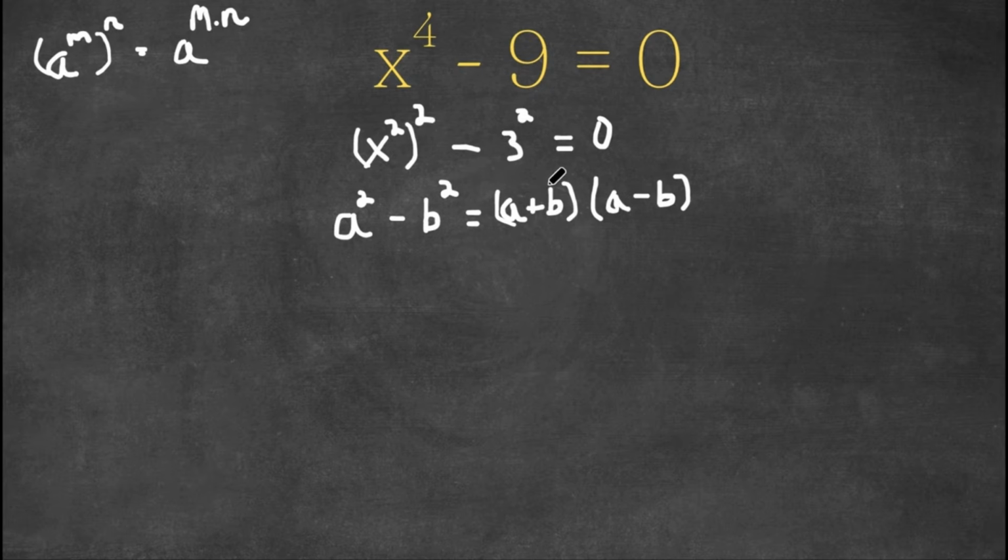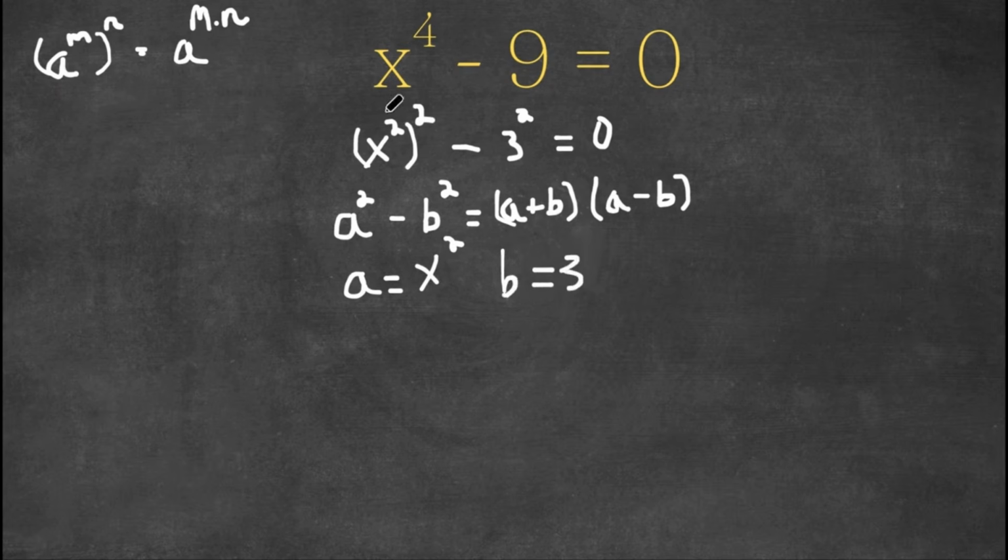So a squared minus b squared can be written as a plus b times a minus b. So as you can see right here, what I've done is I've changed this equation to match up with a squared minus b squared. In this case, a is equal to x squared, and b is equal to 3.